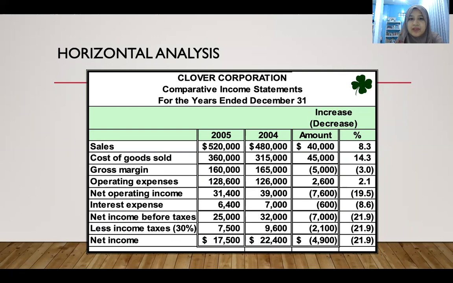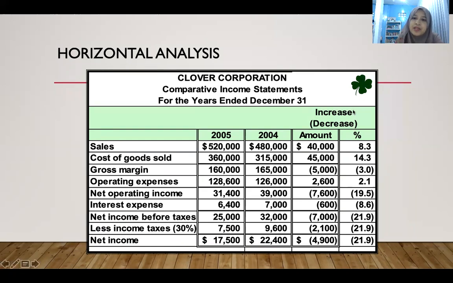This is a further illustration of the horizontal analysis of a comparative income statement, whereby we prepare 2 columns in terms of change in the amount and change in the percentage.